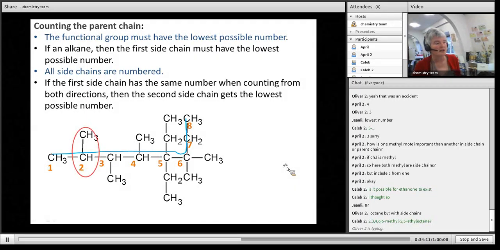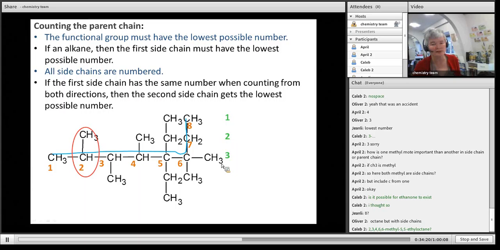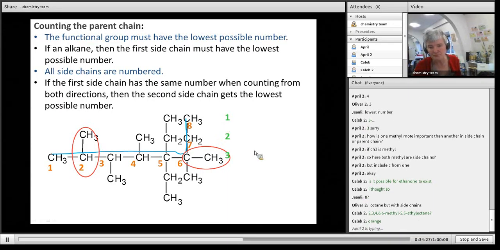If I count back, 1, 2, 3, 4, 5, can you see my first side chain is going to be my 3rd carbon. So do I count from the left or do I do the orange numbers or the green numbers? Orange numbers. Okay, right. So it doesn't matter where all the other ones are, you just go for what's the first lowest one. So we know we've got to count from here, and now we just look for the rest.